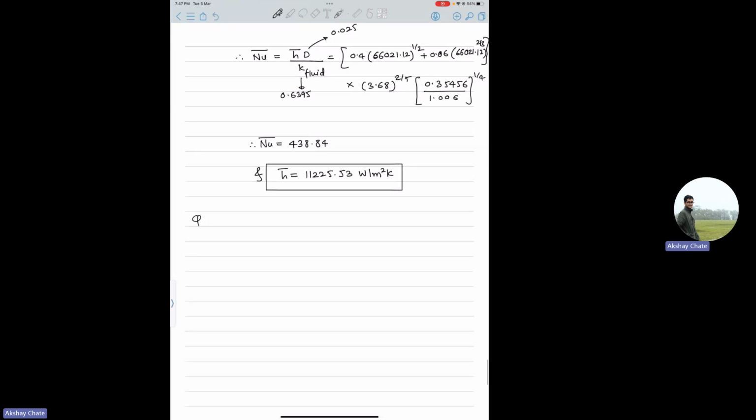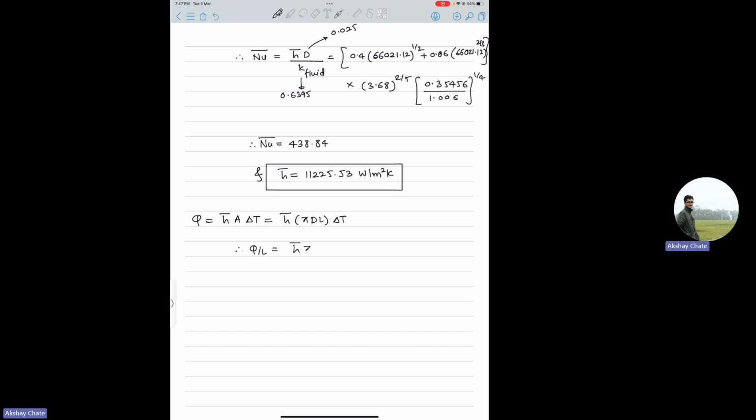Now, what is the heat transfer rate? It is nothing but H bar into area into delta T. Now, what is the area for the tube? The contact area between the tube and the fluid is pi d into L, into delta T, right? L is not given, therefore they are asking for heat transfer per unit length.